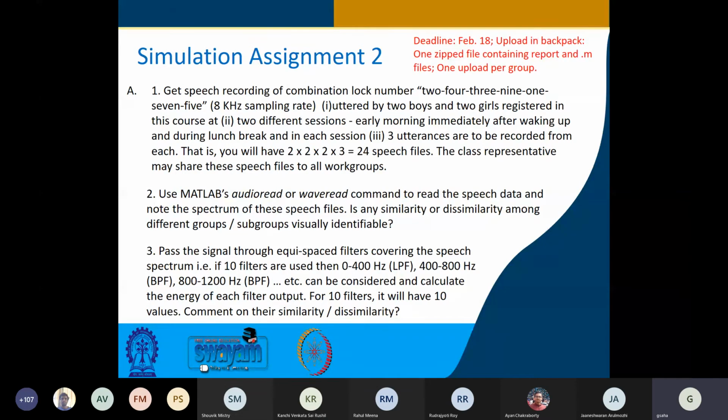Get speech recording of a combination lock number. It has been given here: 2439175. Somebody utters it and you have to record it at 8 kilohertz sampling rate. For this we need volunteers, 2 boys and 2 girls.